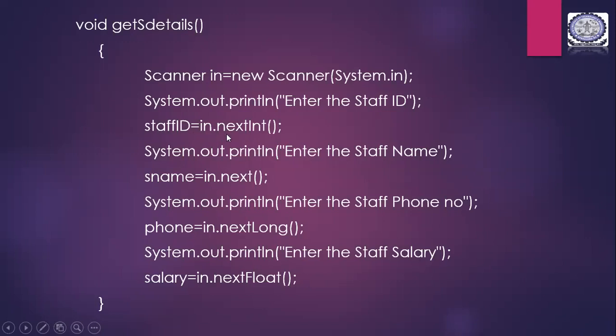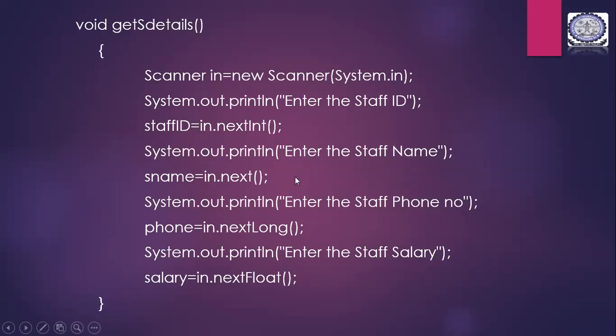Java is all about objects. Even to take in the values from the user, we create a new object which allows the user to put in the input. So the same way for staff ID, we have asked the input object, that is the Scanner we have created, to take the value for staff ID. Since staff ID is of the integer data type, we are using the nextInt command here.